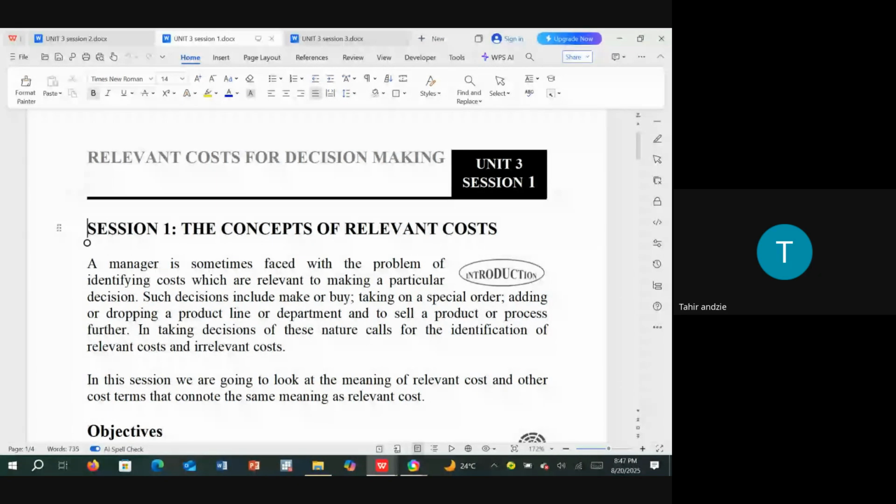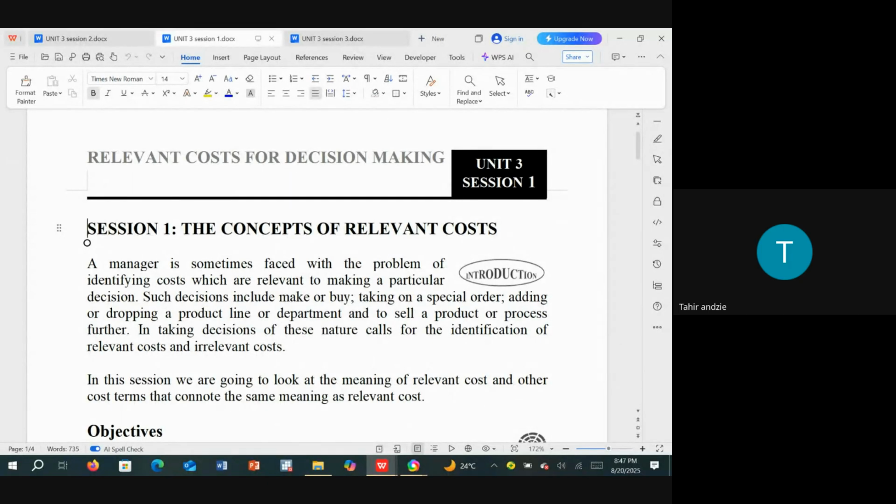So by way of introduction, we said a manager is sometimes faced with the problem of identifying costs which are relevant to making a particular decision.